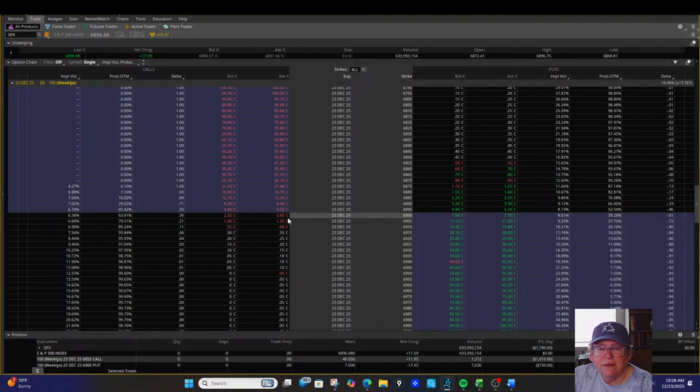Now, anything that's in the purple bars here, this is all in the money. If you do the black, that is out of the money. So those are not as likely.